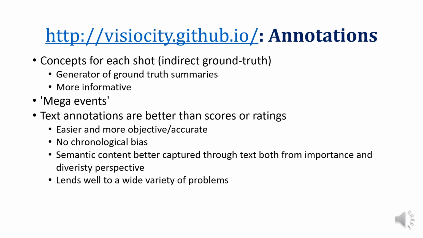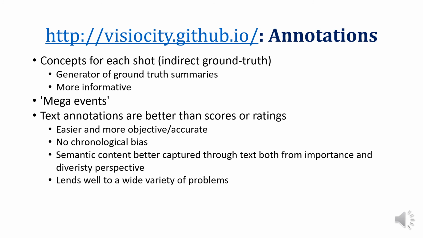Here is what the annotations would look like. The concepts for each shot, indirect ground truth. There could also be mega events which span multiple frames or segments. And text annotations are better than scores or ratings, because ratings and scores can be associated with text annotations, but not vice versa.